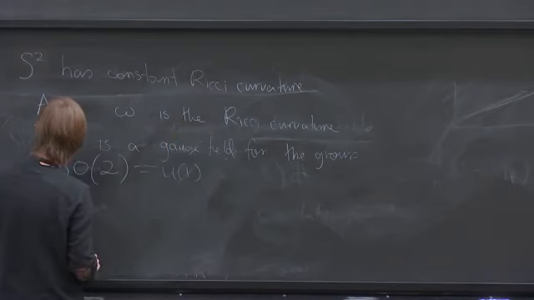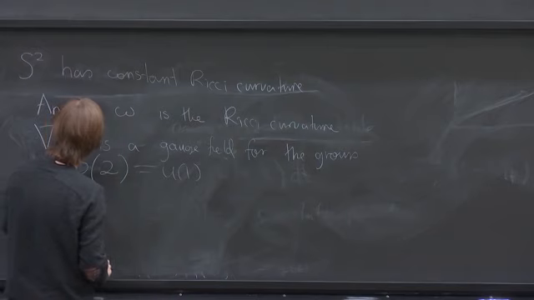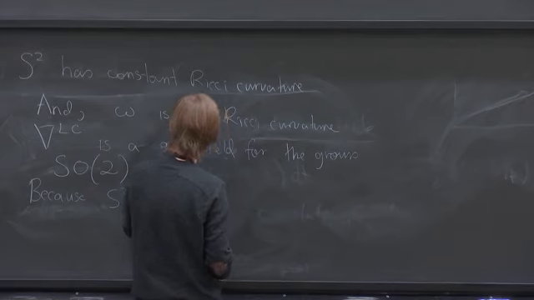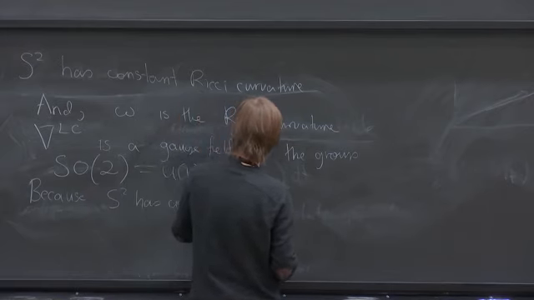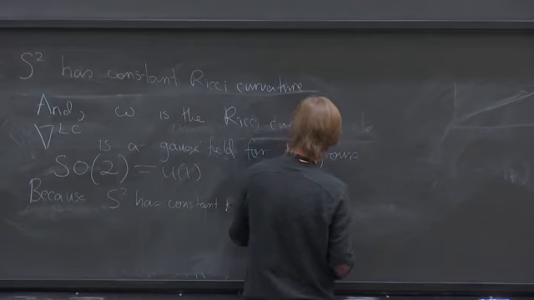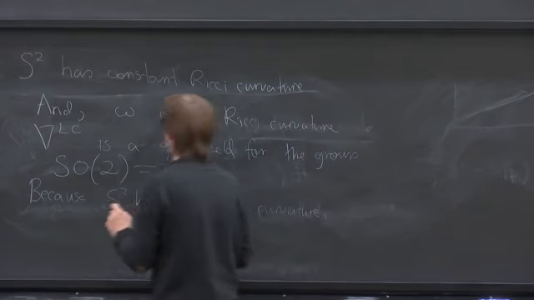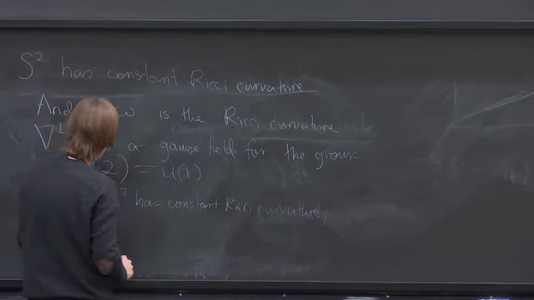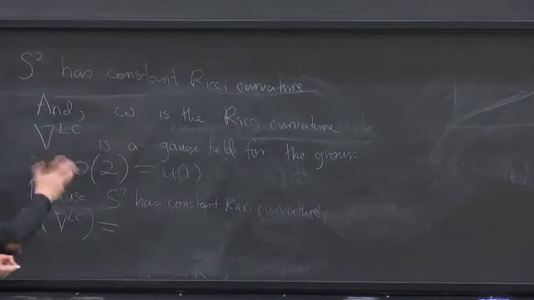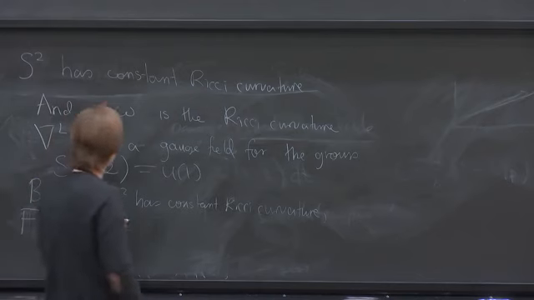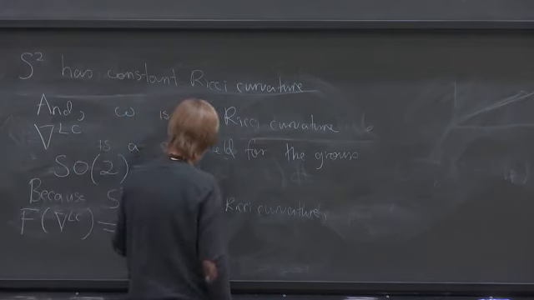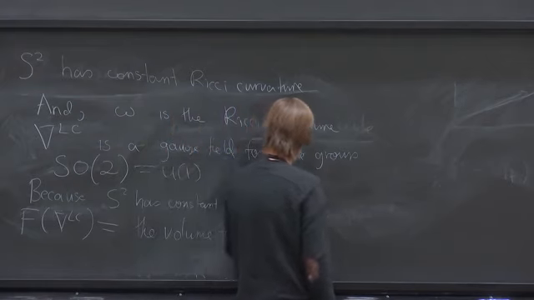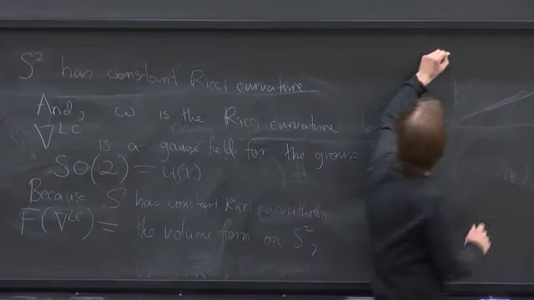So because S2 has constant Ricci curvature, the curvature of this guy is the volume form on S2, up to a factor.